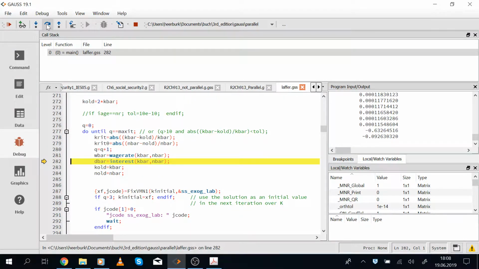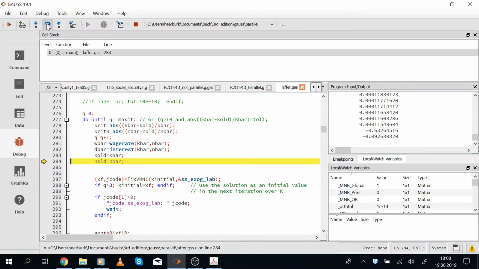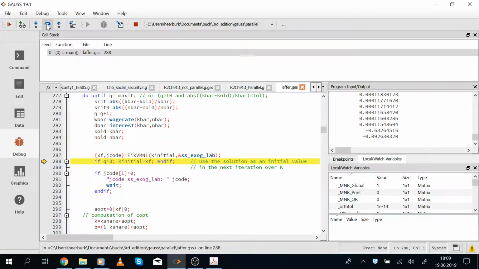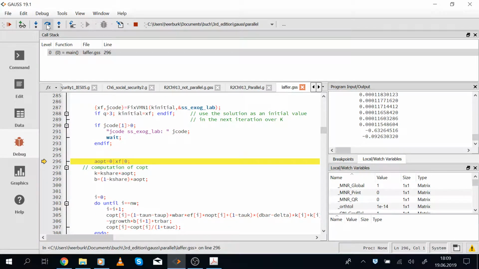We start by computing the wage and the interest rate, and we compute the solution to the 46 period overlapping generations model by solving the nonlinear equation problem, SS exog labor, and computing as a solution our asset age profile, as described above, as we went through the computation in the procedure SS exog labor.